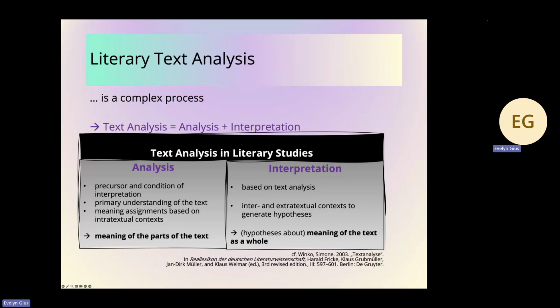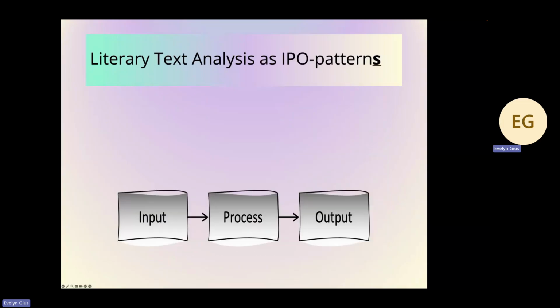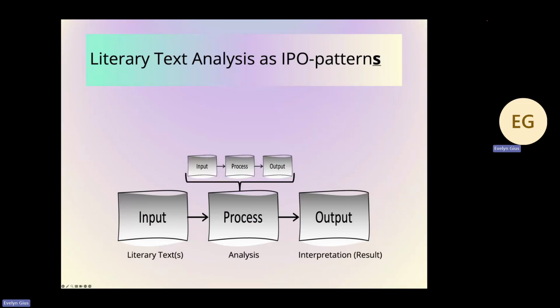So the thing is, if we look at literary text analysis as an IPO, we can say its input is literary text or texts. The process is the analysis, as I have tried to extremely quickly describe just before, and the output would be an interpretation result. And of course, like every IPO pattern, there are sub-patterns of that. Of course, analysis also has an input, a process, and an output again.